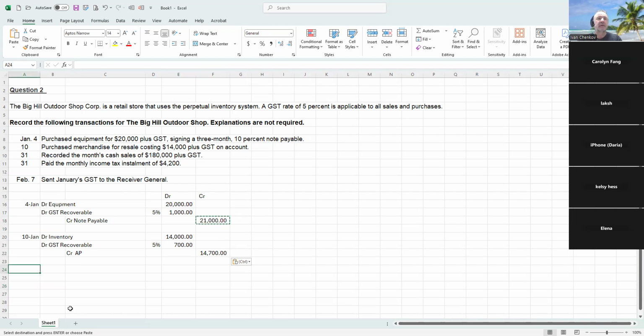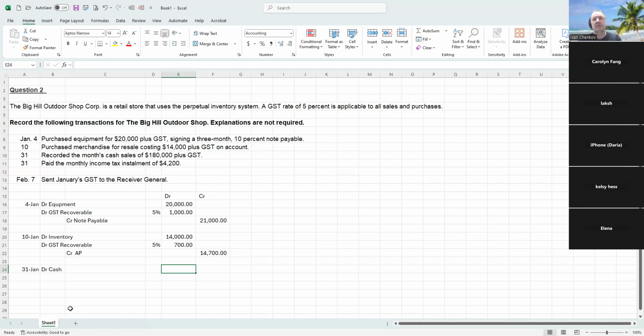All right. Then the next transaction on January 31st. What happened? Debit cash. Now how much cash do we get?